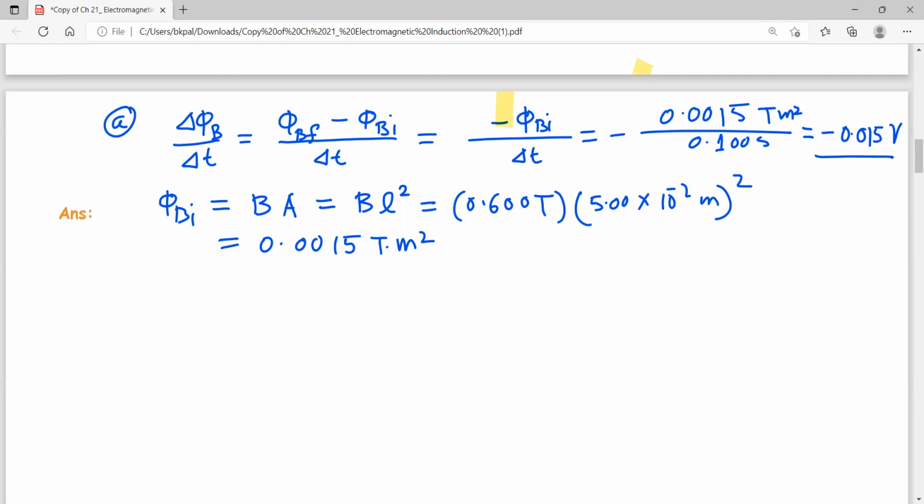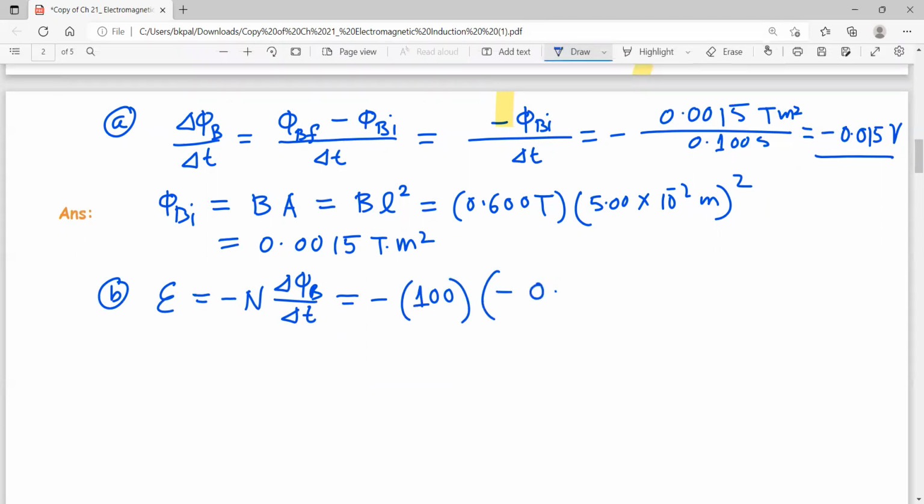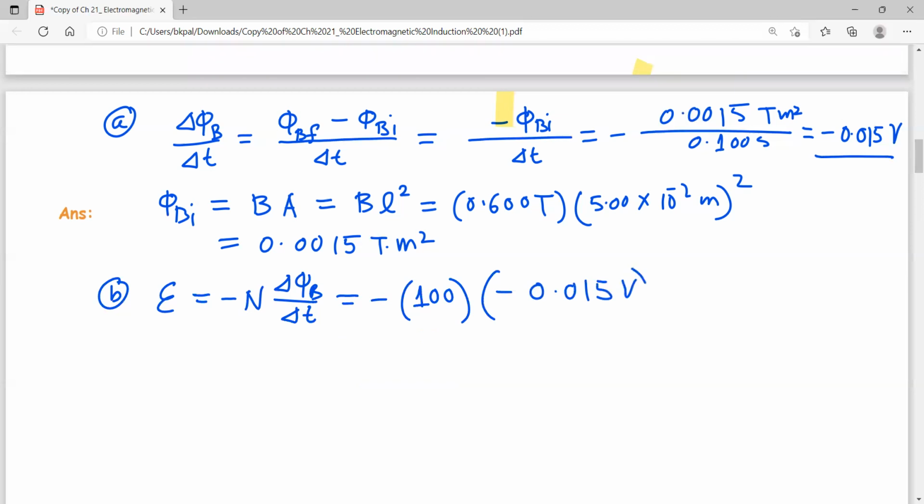Number B. So number B is what is the induced EMF and the current. The induced EMF will be N delta phi B over delta T. N is 100 loops, so this is 100, and delta phi B over delta T is 0.15 volt.